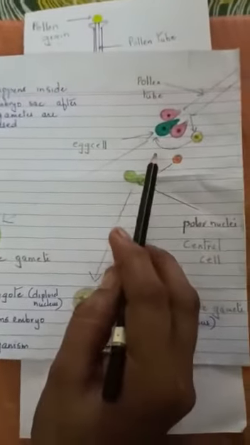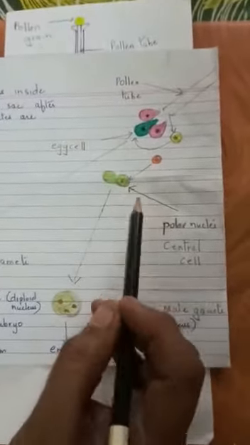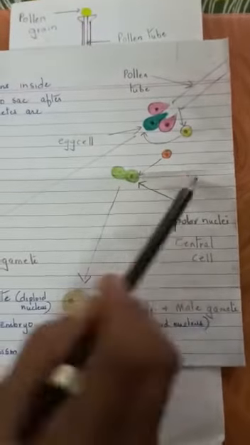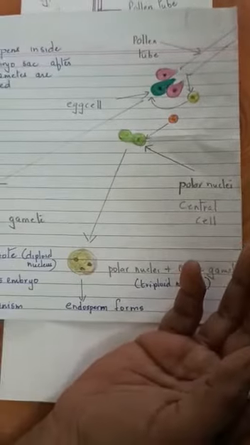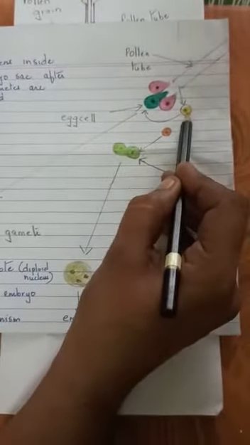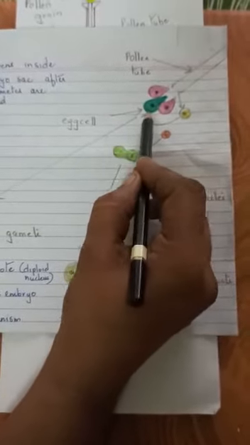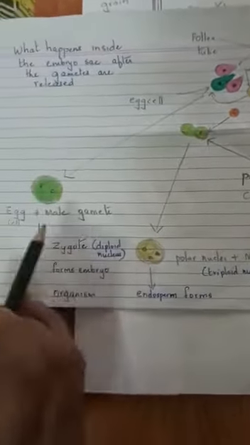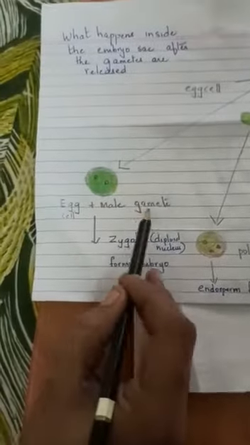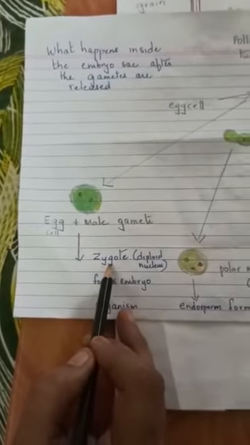Now we will look at it in this picture, what happens once the male gametes are released. Now the synergid cells have finished their job, they will disintegrate, they will disappear. Now one of the male gametes will unite with the egg cell, and this will form the zygote. That is, the egg cell plus the male gamete will form the zygote.